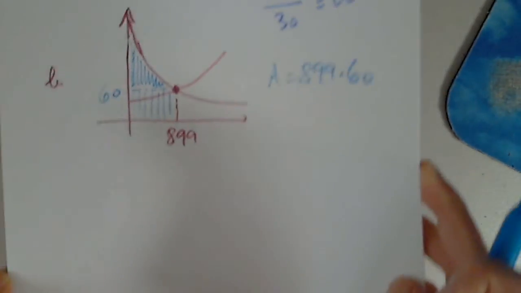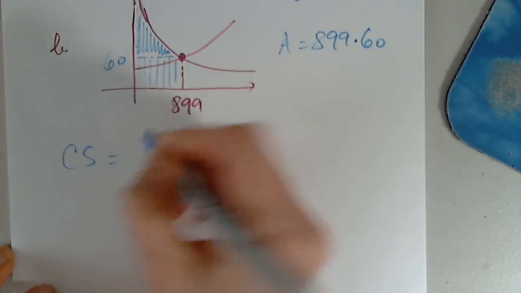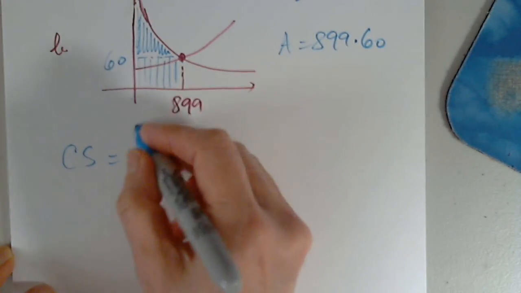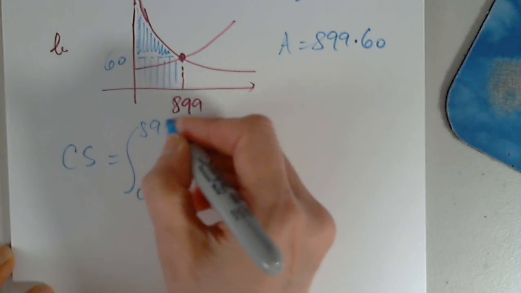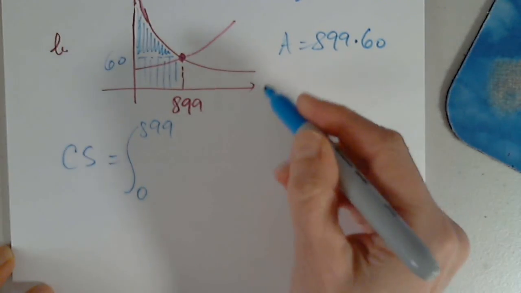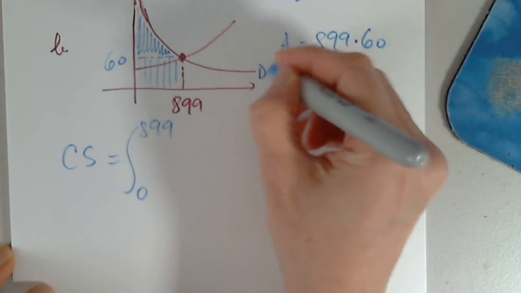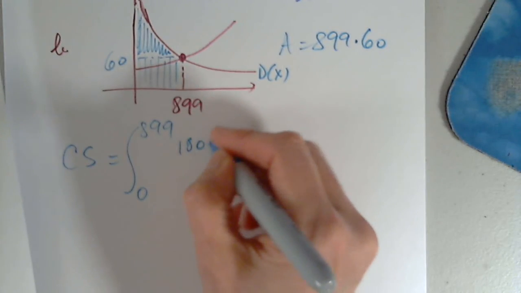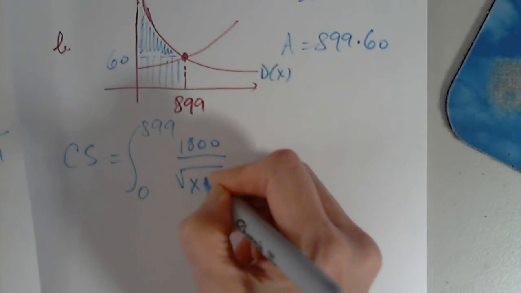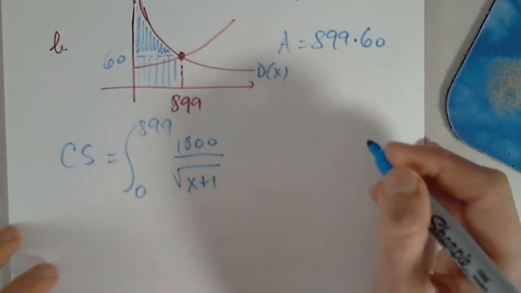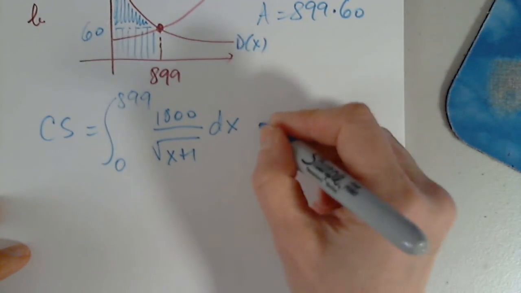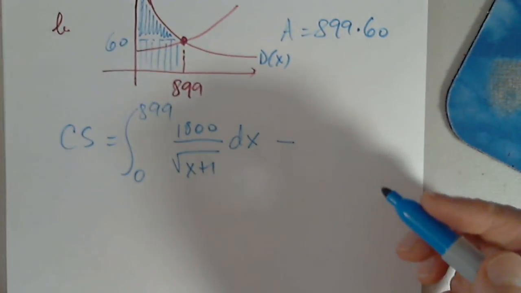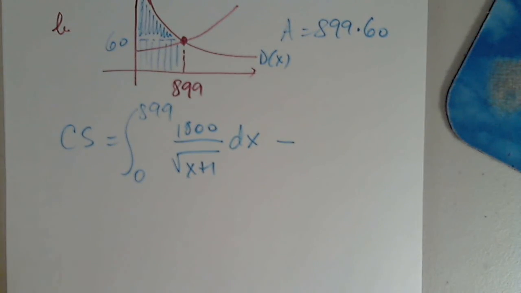So the consumer surplus will be the entire area, the integral from 0 to $8.99 of the demand function, which is this one, 1800 divided by the square root of X plus 1, of course dx, minus, and my calculator used to be somewhere here.